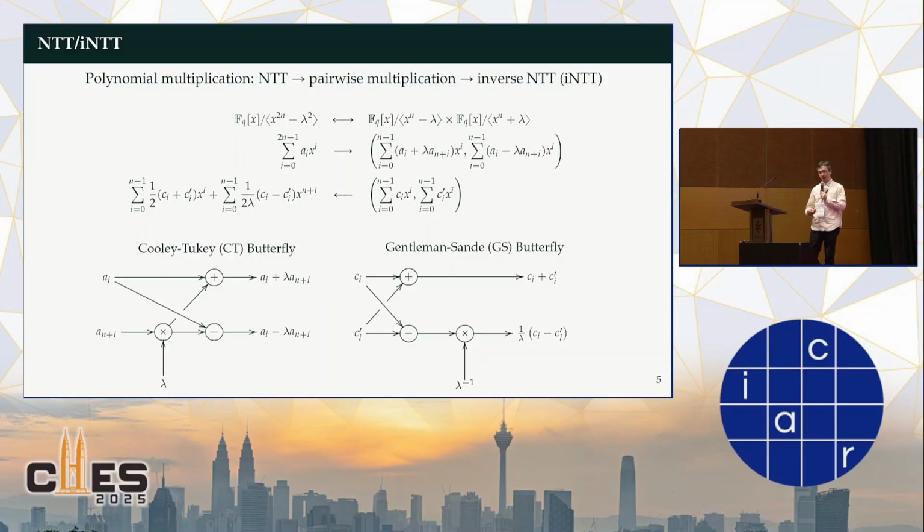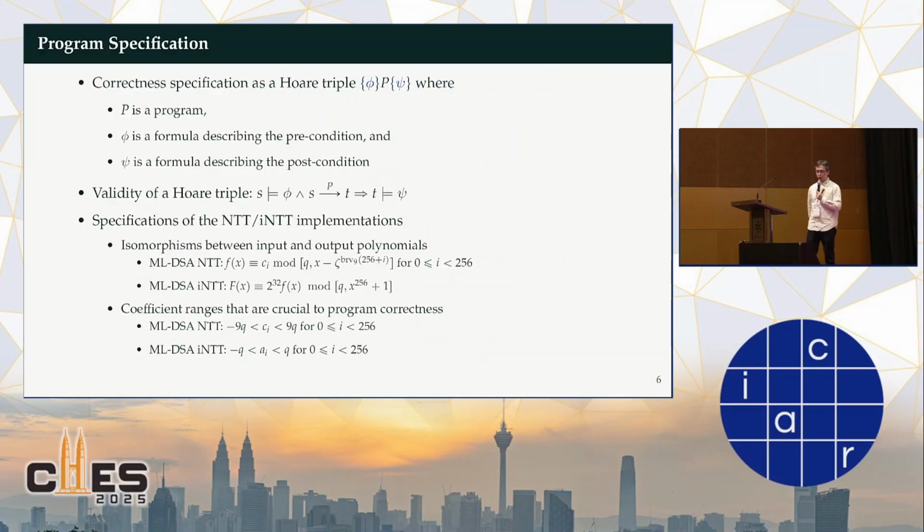So we want to verify NTT implementations. To do so, we want to specify its correctness specification as a Hoare triple. This Hoare triple means that starting from a state S satisfying the precondition phi, if the program terminates at final state T, then T must satisfy the postcondition psi.